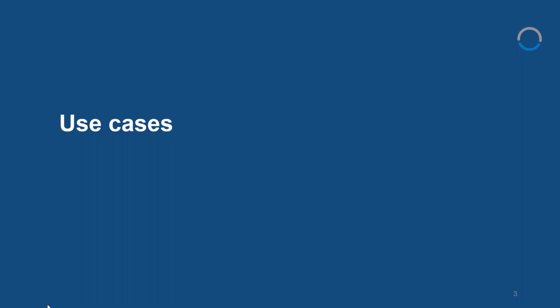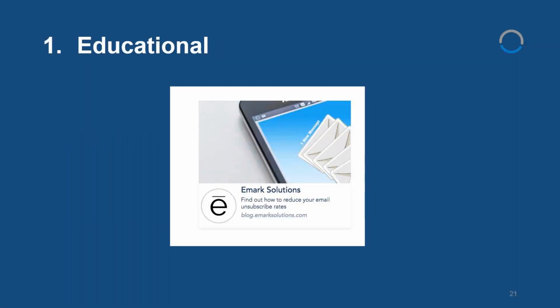All right, so here are some of the use cases that we thought of. One of them is an educational workflow, and actually we came up with some great examples yesterday. So many companies and marketers use the content marketing strategy to push different pieces of content to end users, educate them about the specific topic, and then eventually push in the 6th or the 7th email to be like a soft sell or a hard sell, right?